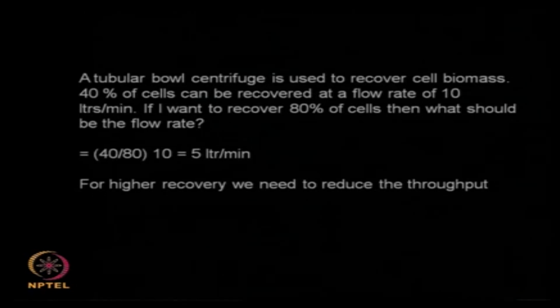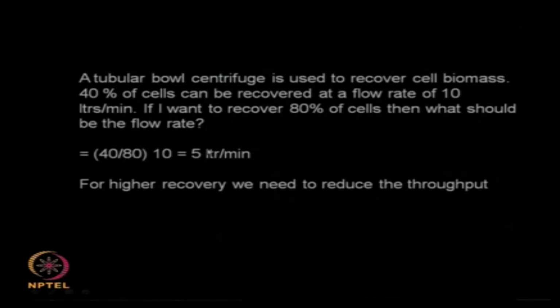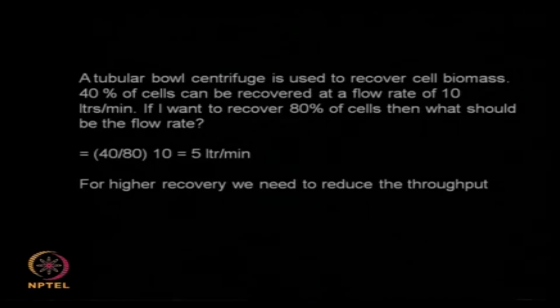That means you want to have 80% of cells recovery, that means you would like to improve the efficiency. So obviously you have 40 divided by 80 and 10 is the original flow rate. So the flow rate has to be reduced by a factor of 2. So if I want to improve the efficiency, obviously my throughput goes down. So higher is the efficiency, throughput has to go down.